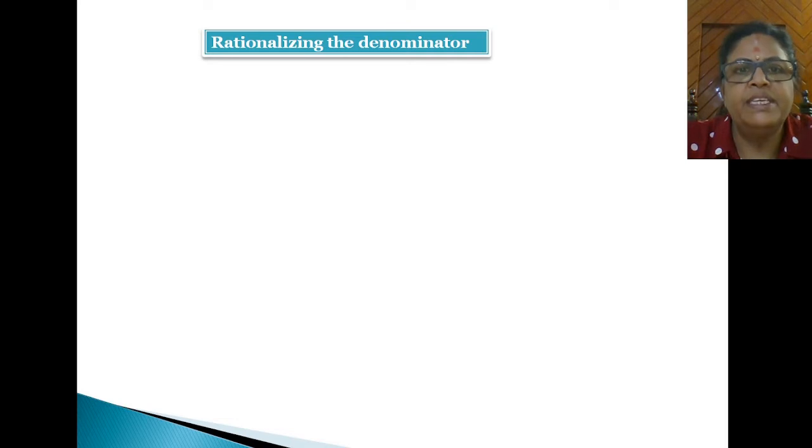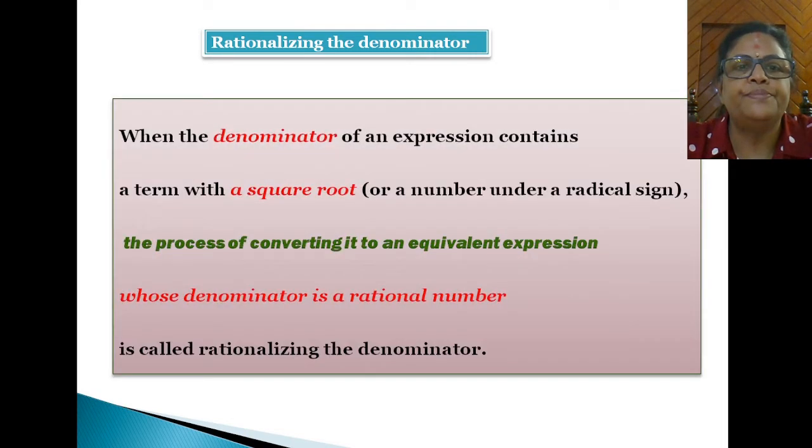Rationalizing the denominator. What is rationalizing the denominator?